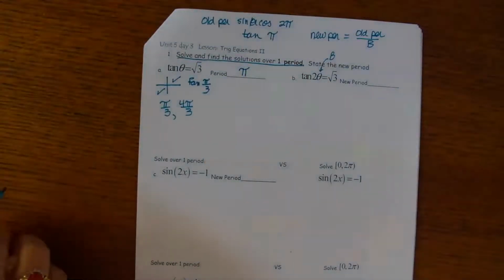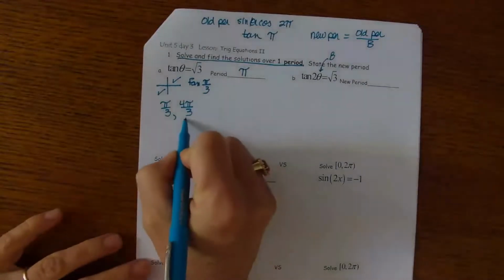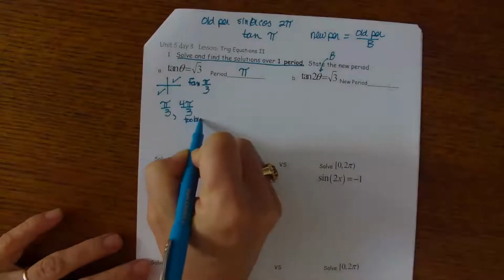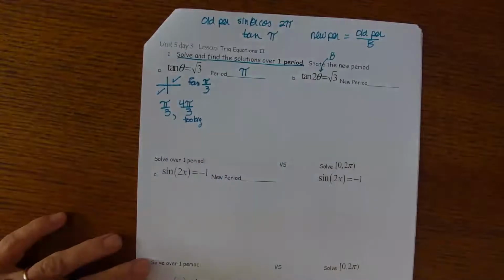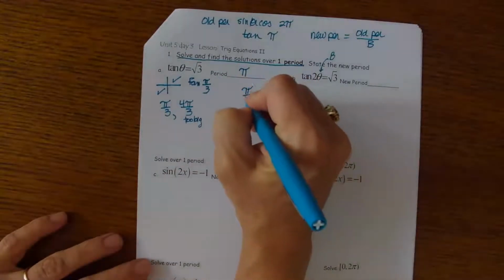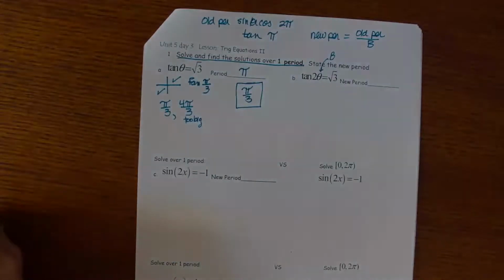Tangent is pi. Now, are any of these answers bigger than pi? Okay, this is too big. Because it says solve over one period. So we're not going to write that down. And the only answer we're going to take is that one.